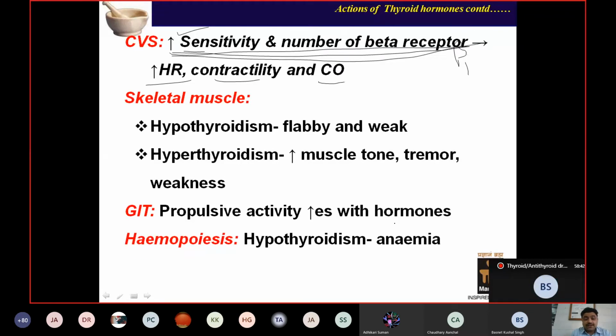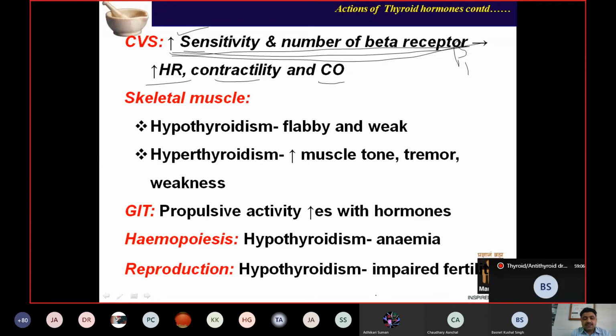It also affects hemopoiesis, which is why in hypothyroidism there will be anemia, and the patient will look pale, with pale-looking skin. Reproduction is also affected by thyroid hormone: in hypothyroidism there will be impaired fertility, so fertility decreases.